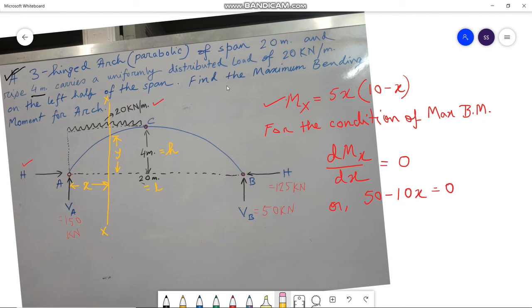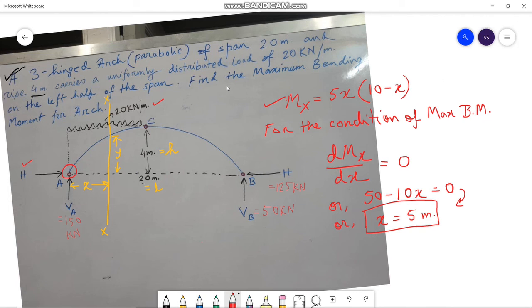Upon further simplifying, we get x equals to 5 meter from this equation. X equals to 5 meter means that the maximum bending moment occurs at a distance of 5 meter from the left hand support, that is from here.